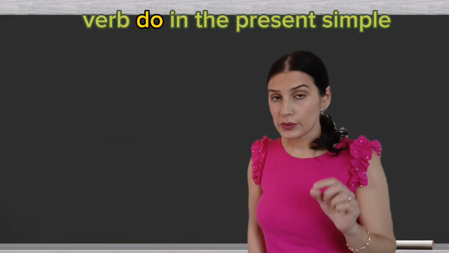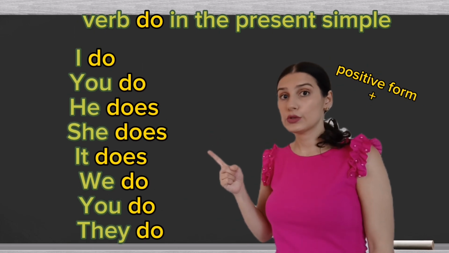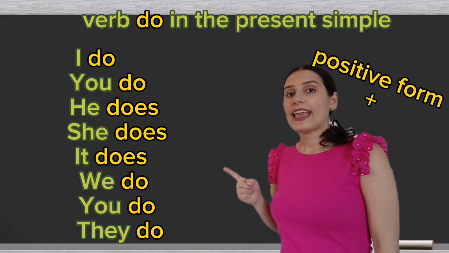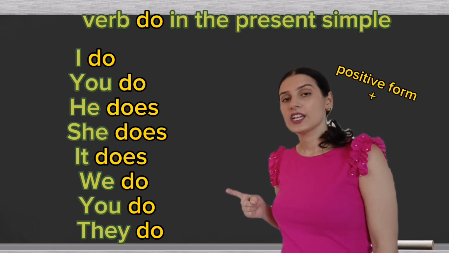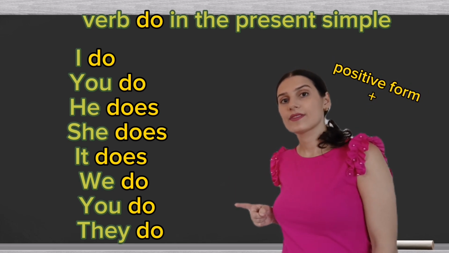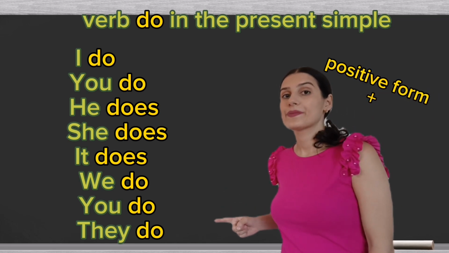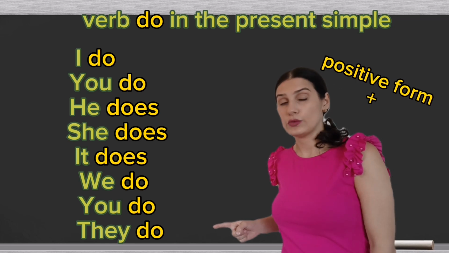Now verb do in the present simple. I do, you do, he does, she does, it does, we do, you do, and they do.